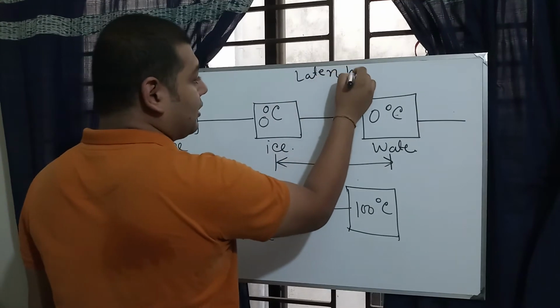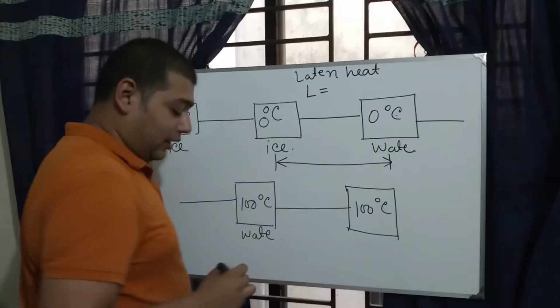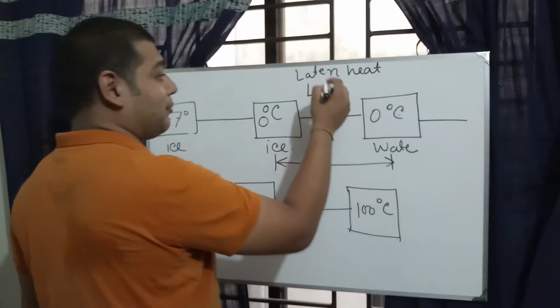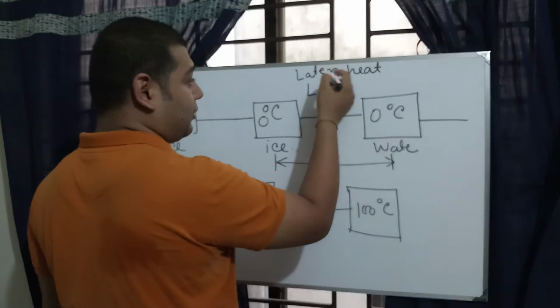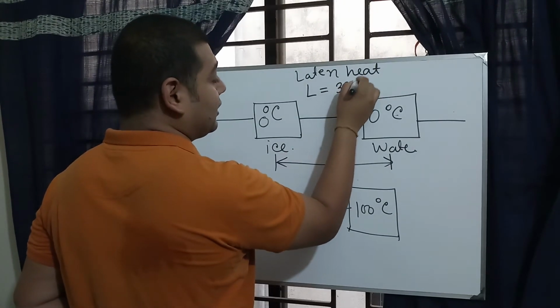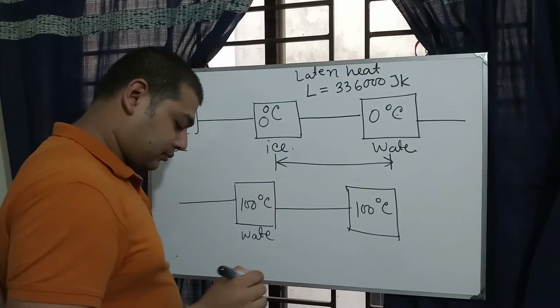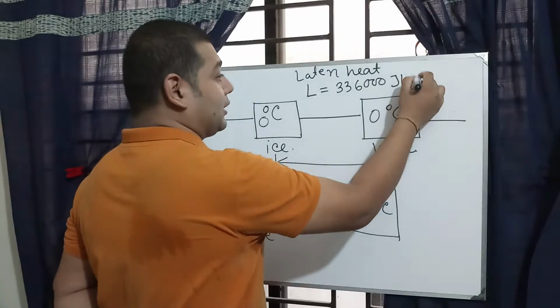Latent heat is denoted by L, and for this stage the latent heat is 336,000 joule per kg.